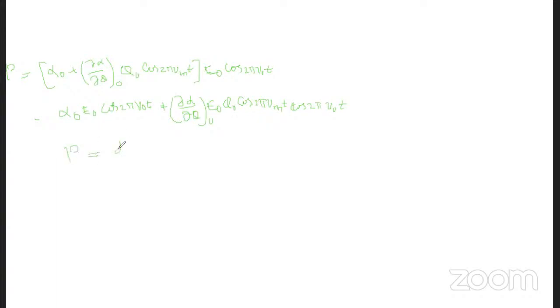So finally we can write P is equal to alpha naught E naught cos 2 pi nu naught t plus half dou alpha by dou Q naught into Q naught E naught, taking E naught outside since both have it, cos of 2 pi nu naught plus nu m into t plus cos of 2 pi nu naught minus nu m, cos A minus B, into t.